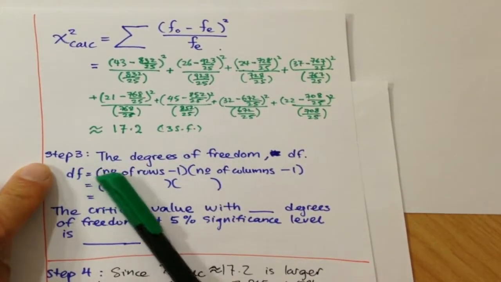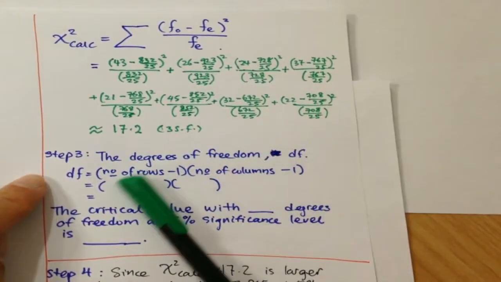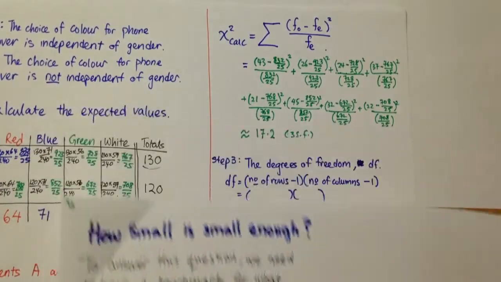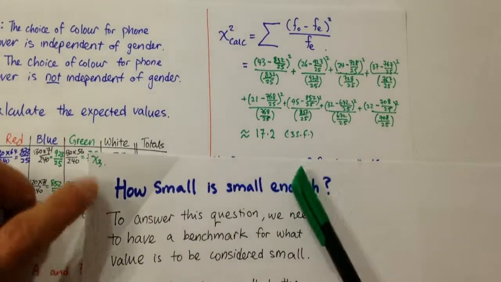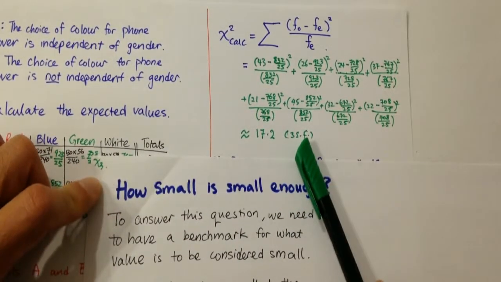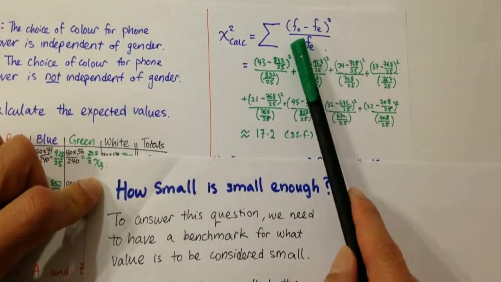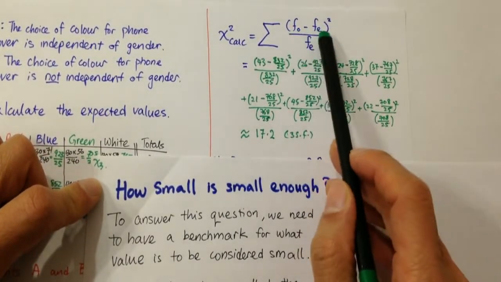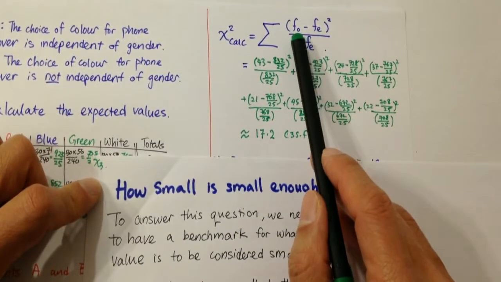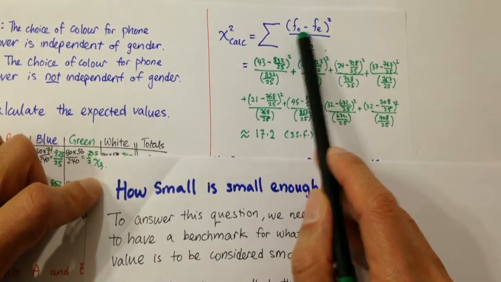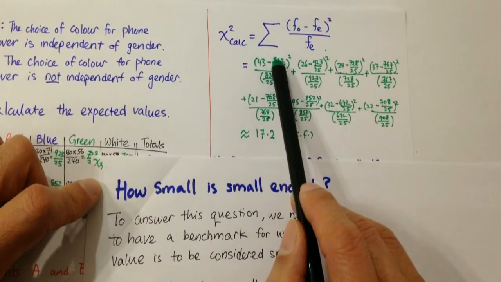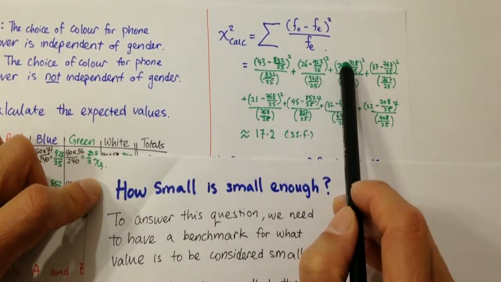Then in step 3, it looks at the degree of freedom. And basically this is the theoretical value. Well, I get 17.2. Is this a small number or a big number? Because if all the observed values are very close to expectation, in fact, if all the observed values are the expected values, then the numerators will all be zeros.